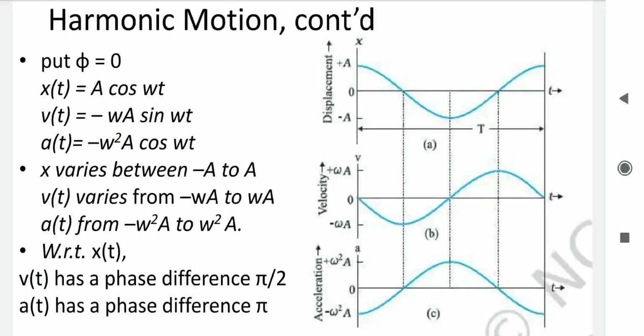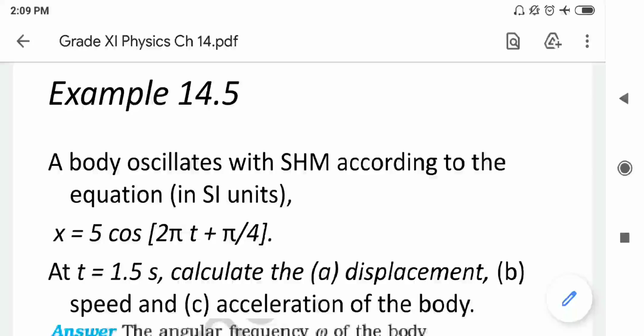So in between them, pi by 2, 90-degree phase difference is there. And between x of t and a of t, displacement and acceleration, the phase difference is pi, that is completely in opposite direction. Now let us understand an example regarding the same.